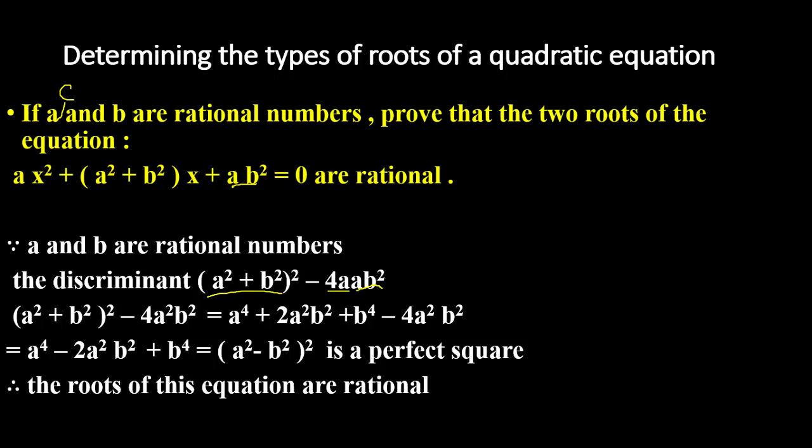Here we have 2a power 2 b power 2 and negative 4a power 2 b power 2. It will be negative 2a power 2 b power 2. And this is a perfect square, which is (a power 2 minus b power 2) all power 2. So this is a perfect square. It means that the roots of the equation are rational, because a, b and c are rational numbers and at the same time the discriminant is a perfect square.